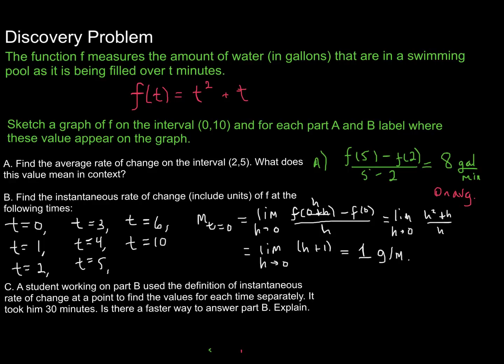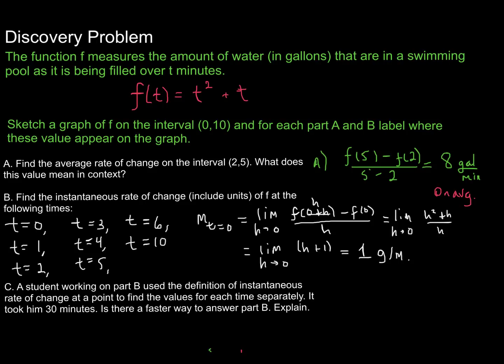And we did a couple of examples like this towards the end of the last unit, where instead of plugging in a specific point, we actually found the instantaneous rate of change for any point. And this is what's called the derivative. So we can take the instantaneous rate of change for any time t. This is what it would look like.